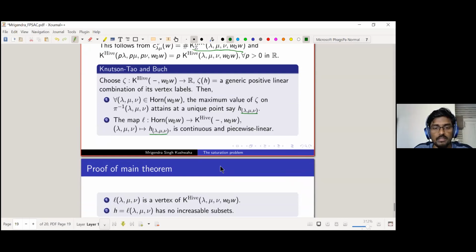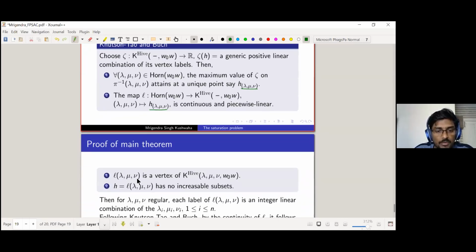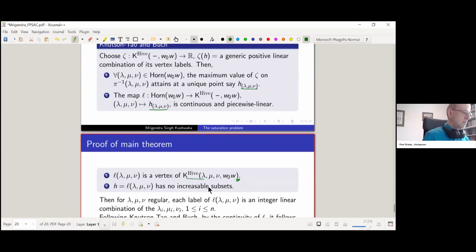Note that this L lambda mu nu will be a vertex of this face, right? Because if it is not a vertex, then xi cannot be maximum. By the maximality of xi on pi inverse lambda mu nu, it will be a vertex of this face, and if it is a vertex of the face, it will be a vertex of the polytope.